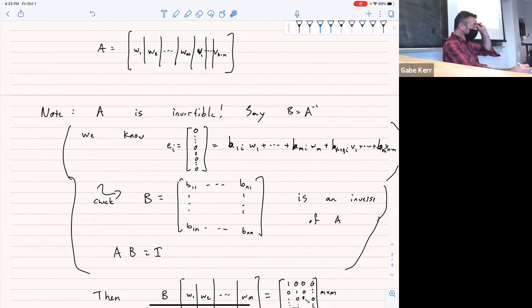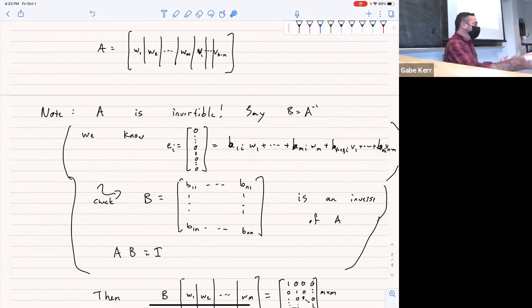Once you know that, you can assemble these coefficients into this matrix B, and then you see that in fact you've made the inverse matrix. So that's kind of a proof.